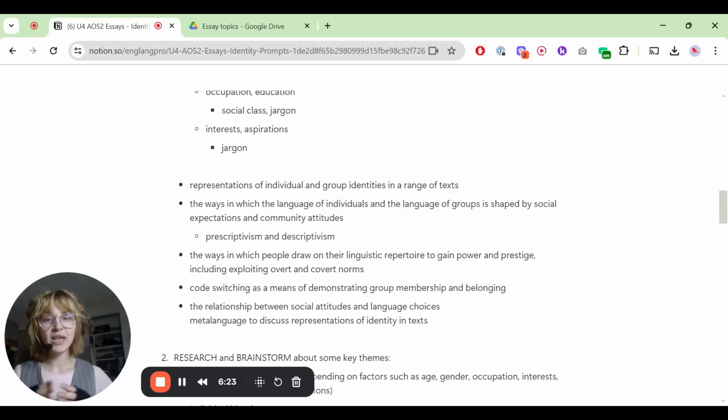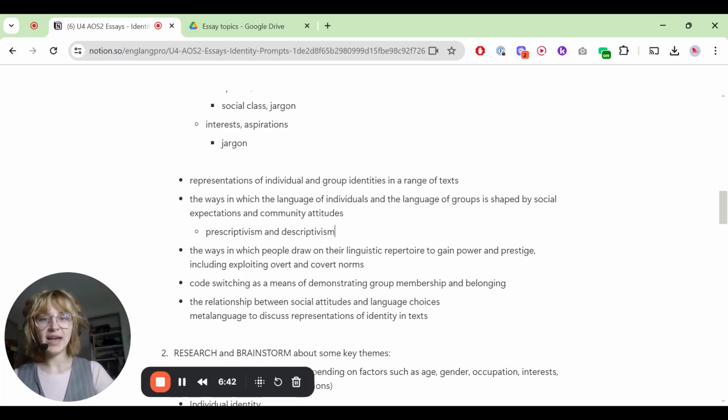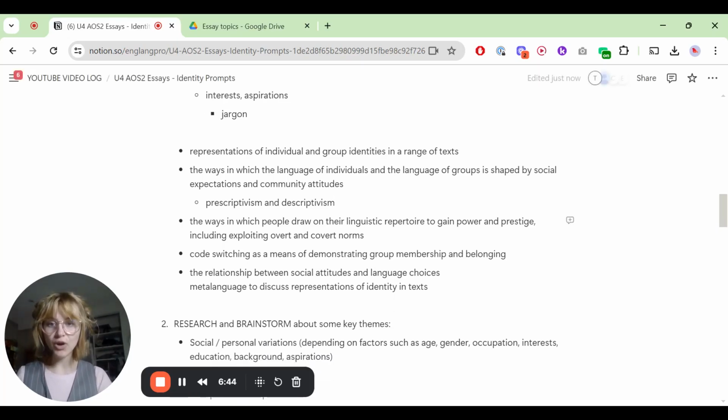So prescriptivism and descriptivism very much links back to what we've already learnt about, and also can link towards things like standard and non-standard English, which is a bit closer to Unit 3 stuff. And then drawing more on community attitudes, overt and covert norms.